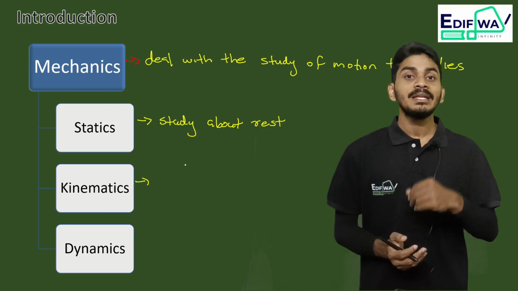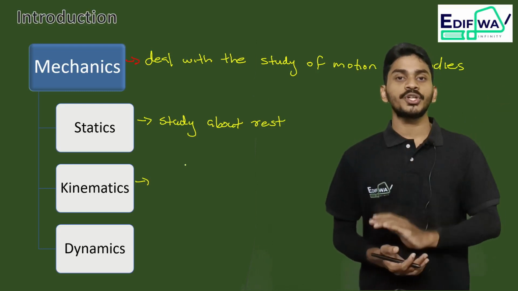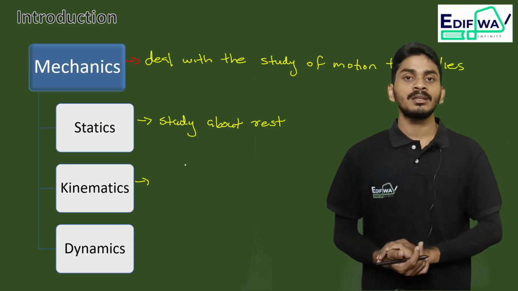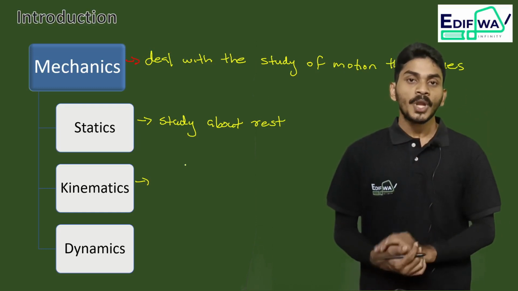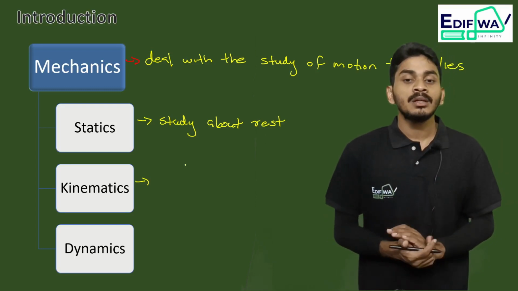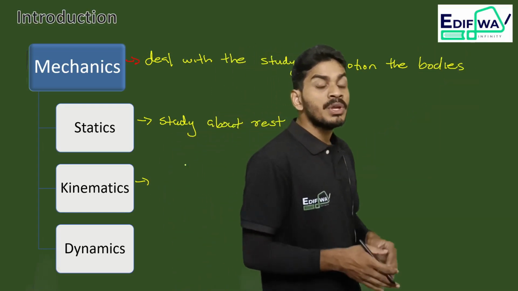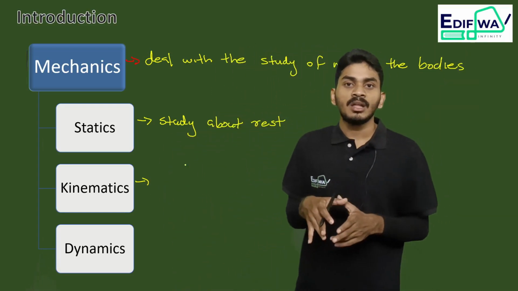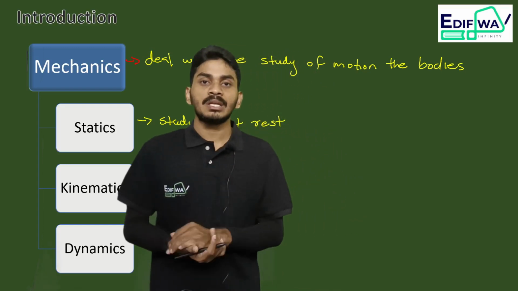In kinematics, we deal with the study of motion without considering the reason, that is the cause of the motion, how the motion has happened. We won't be discussing that in kinematics. But when we learn dynamics, we will learn the reason, the cause of the motion. That is, we will learn about force and all.